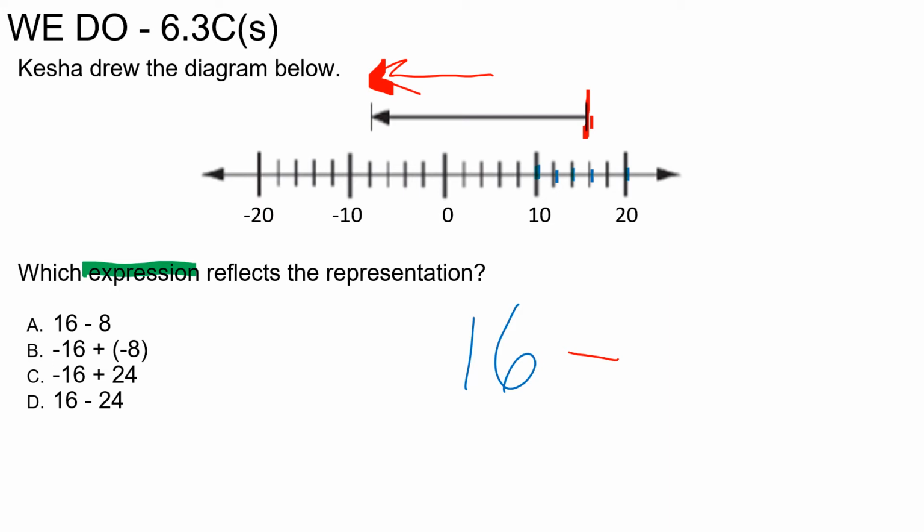Now, you might be asking how much are we subtracting? So then we need to count here. We have 2, 4, 6, 8, 10, 12, 14, 16, 18, 20, 22, 24.